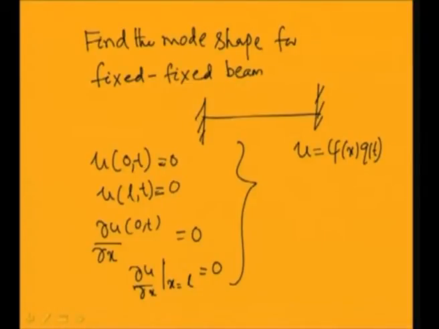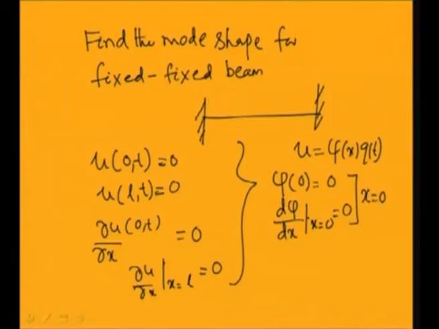So we can write psi 0 equal to 0 and d psi by dx at x equal to 0 equal to 0. So this is at the left end, that is at x equal to 0. Similarly, at the right end, psi equal to 0 and d psi by dx equal to 0 at x equal to L.